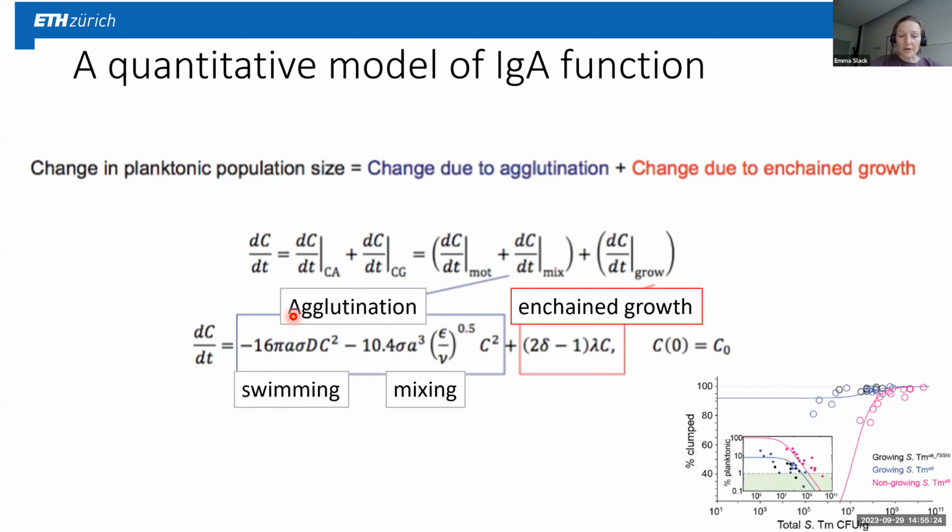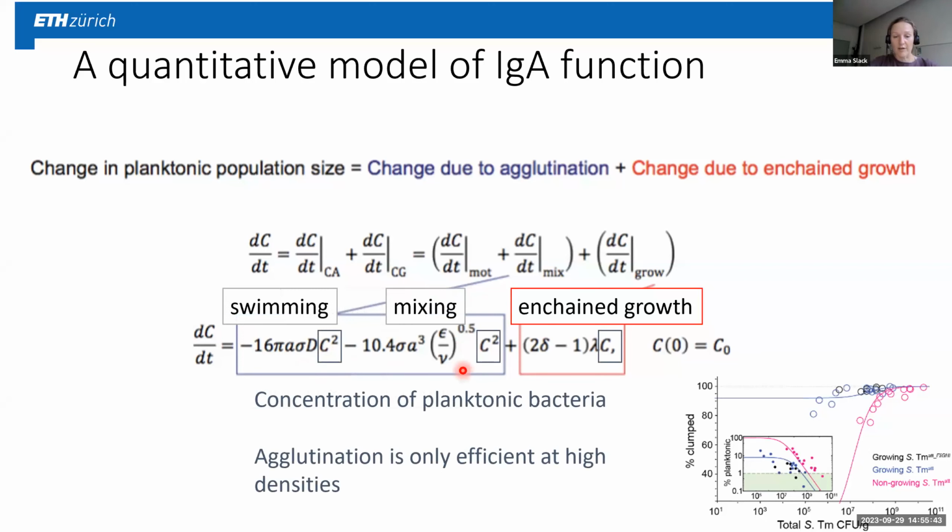So this can be broken down into statements that look not quite as pretty as this, but actually are not particularly scary. These statements come from well-established descriptions of bacterial swimming in aqueous environments, as well as turbulent mixing. And the interesting parameters from these equations give us some information about how IgA protection works.